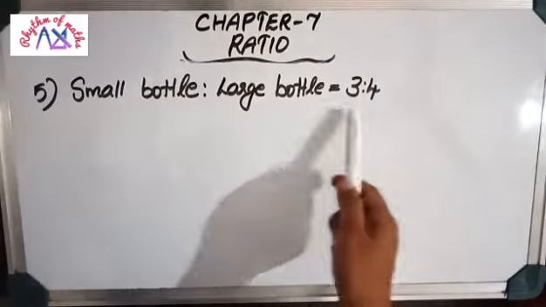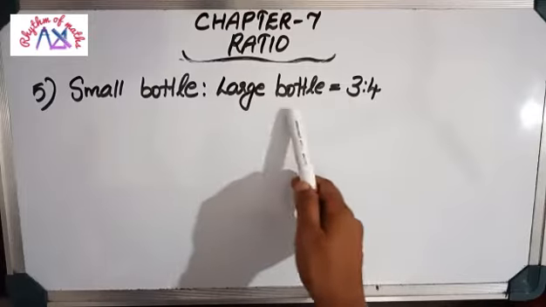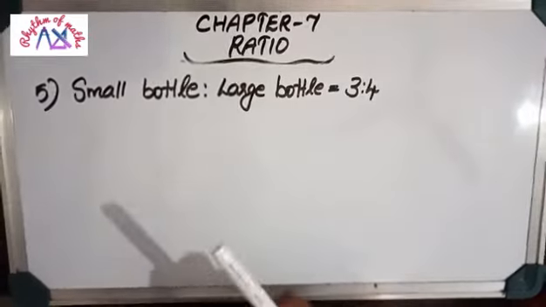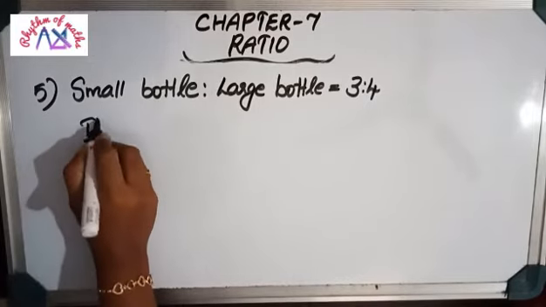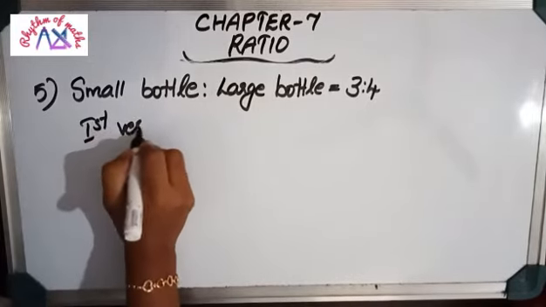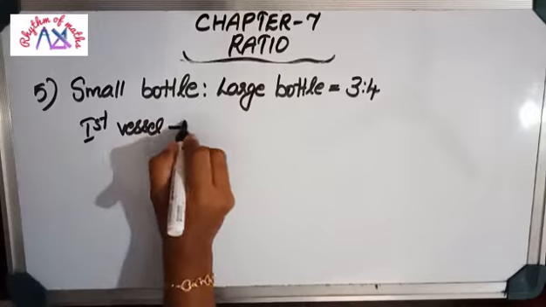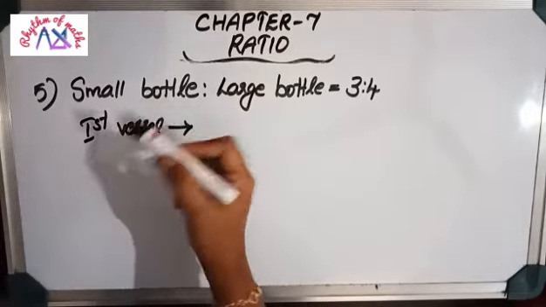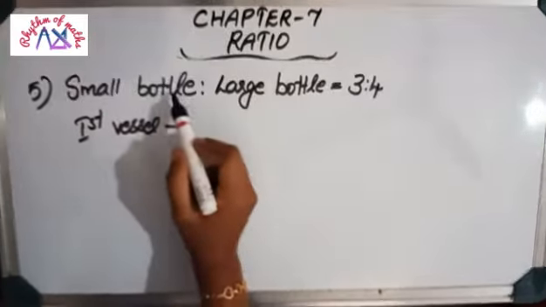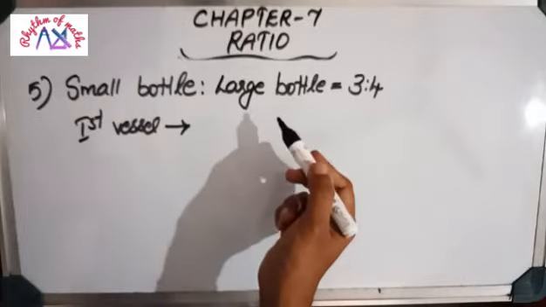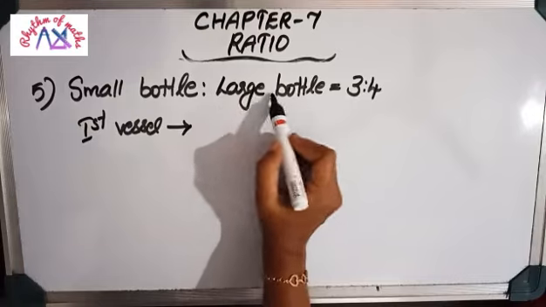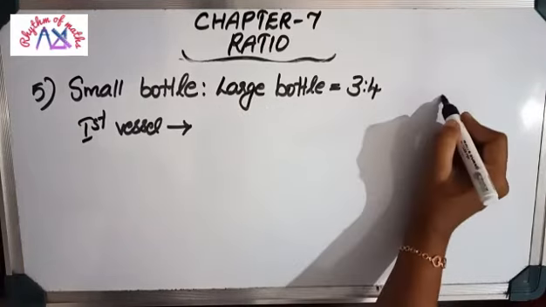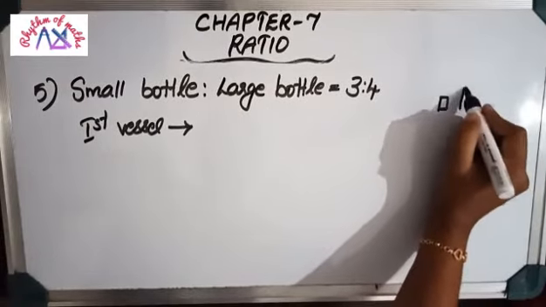So small bottle capacity is 3x and large bottle capacity is 4x. Now it is given that to the first vessel, of the two vessels here, we are putting twice the small bottle. We are going to fill the small bottle twice and the larger bottle once, one small bottle and one large bottle.